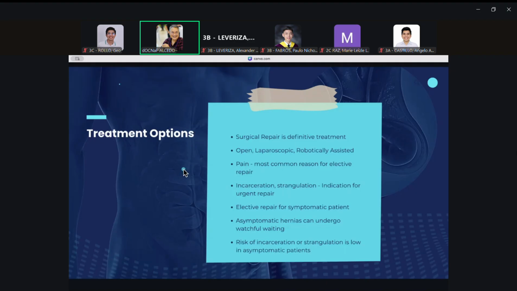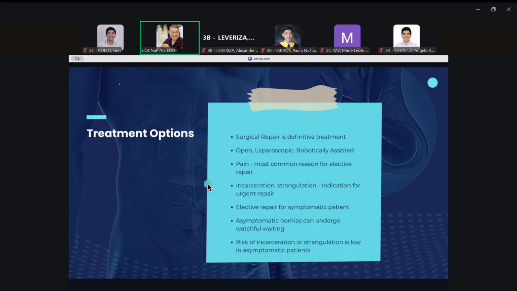And most of the time, the patient would want to undergo surgery because of the pain. This is the most common reason for elective repair. But when we talk of complications such as incarceration and strangulation, then it will not be an elective procedure anymore. It is an indication for urgent repair.